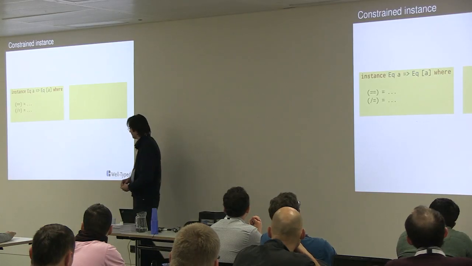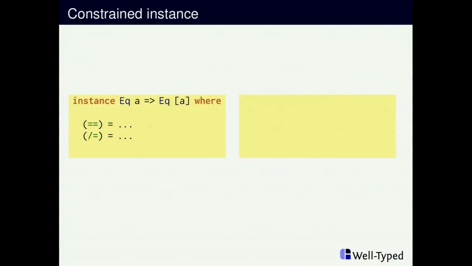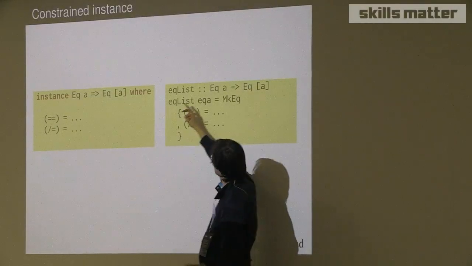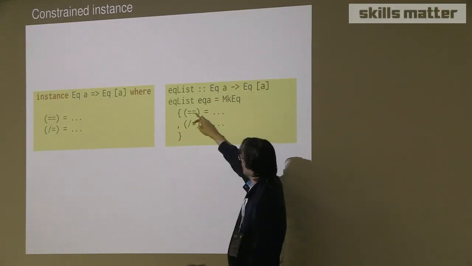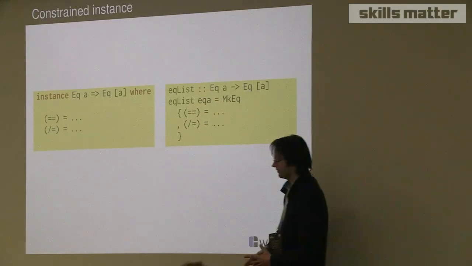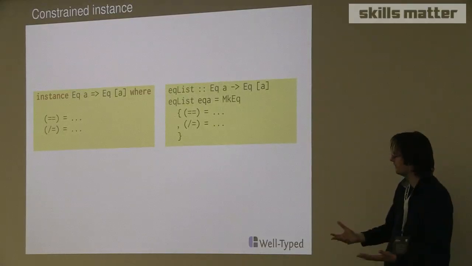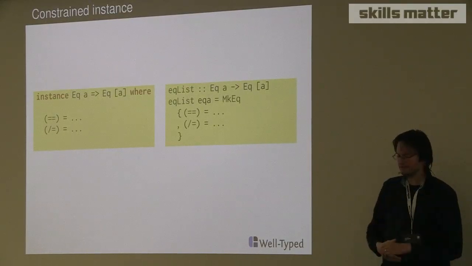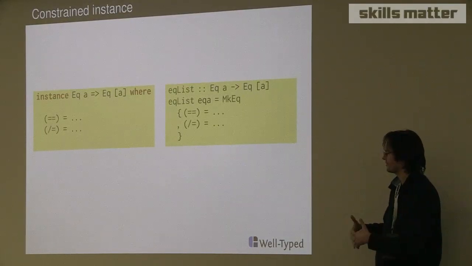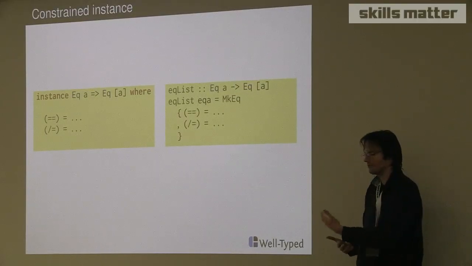So what happens if we have a constrained instance, like the instance on lists that we have seen? Well, that's very similar to what we had for the normal instance, only that also here, the double arrow turns into a single arrow, and the definition of the EQ list dictionary is not a record just on its own, but it's actually a record transformer.